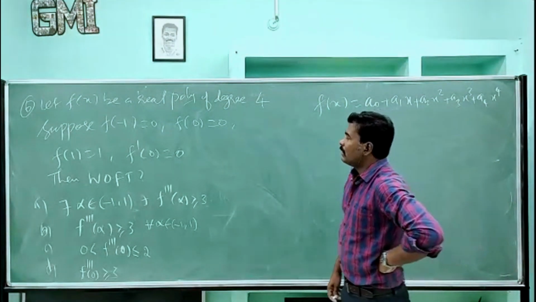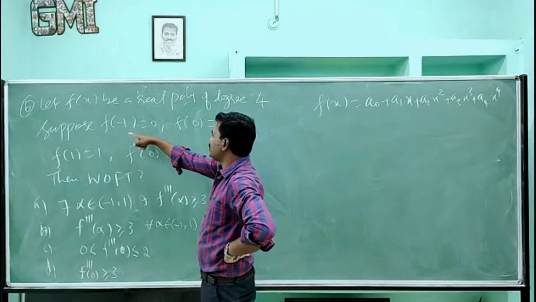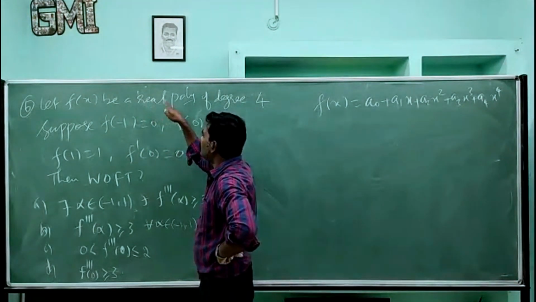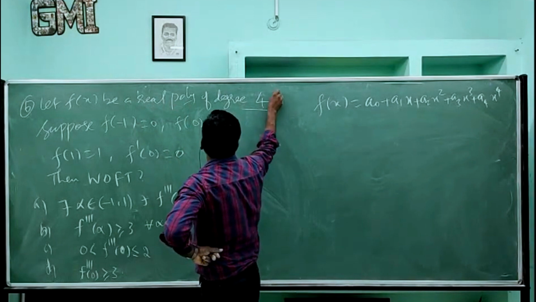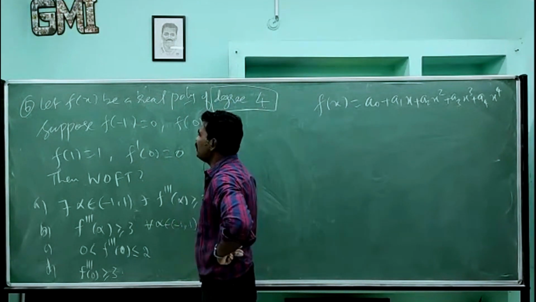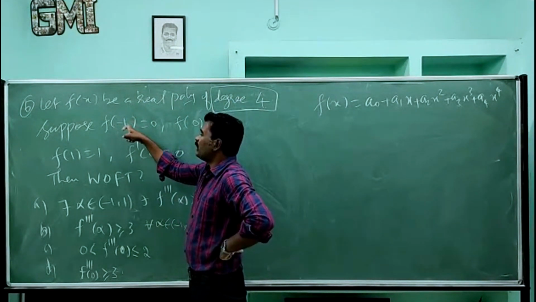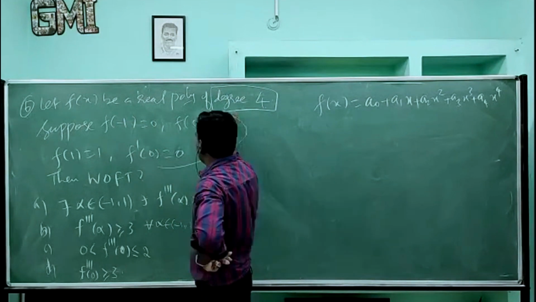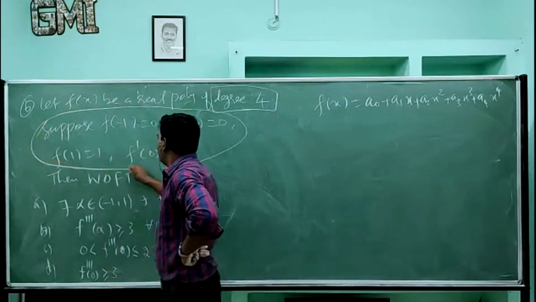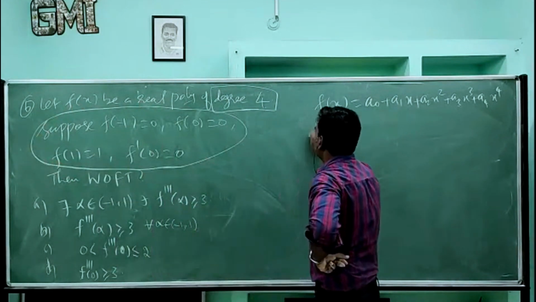Next, what is the given hypothesis? F of x is a fourth degree polynomial, and it has this property. What is the property?